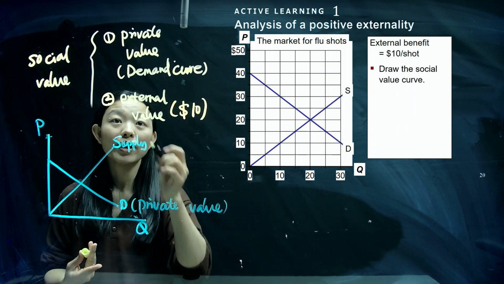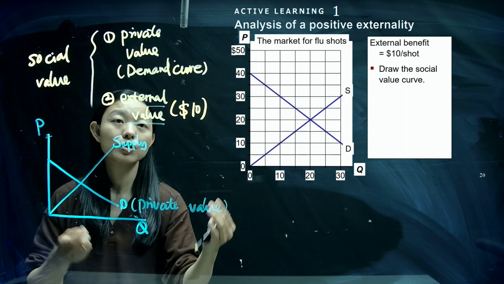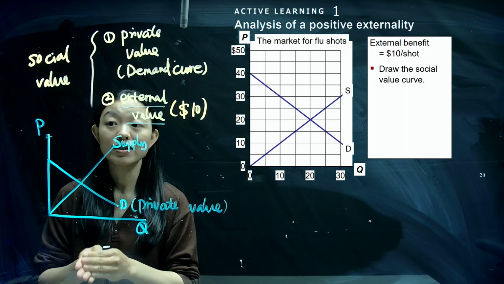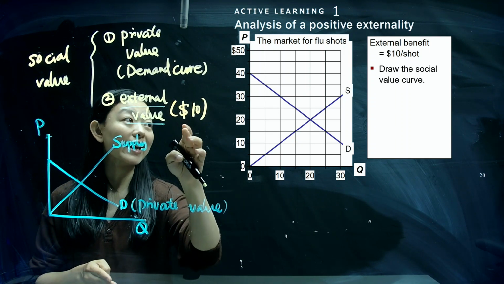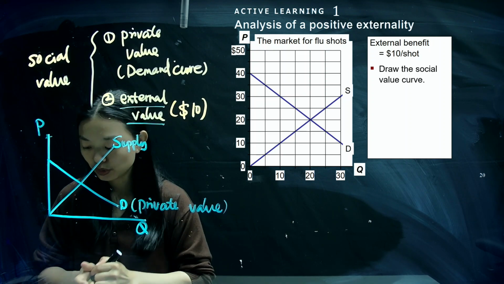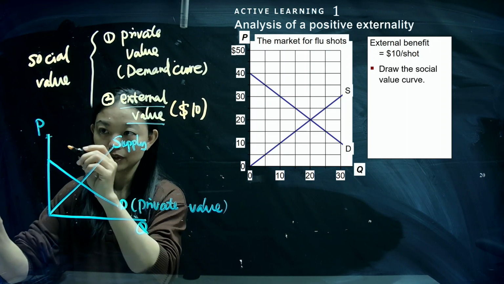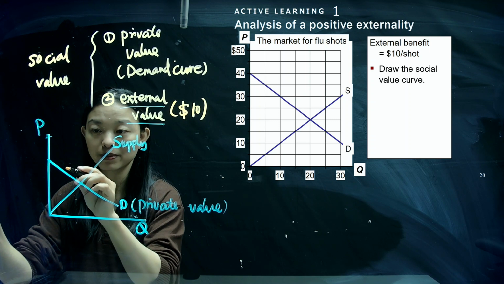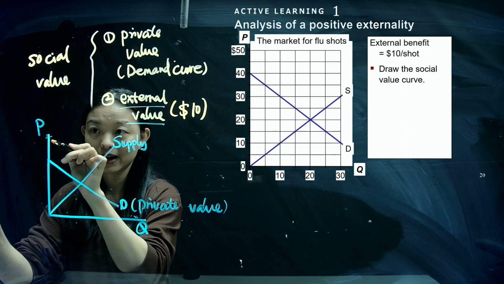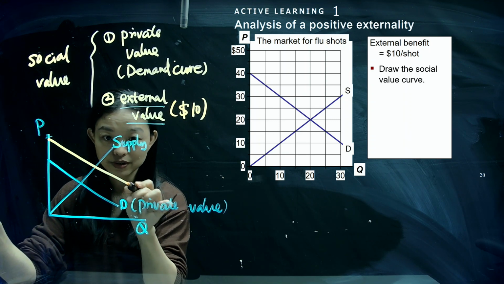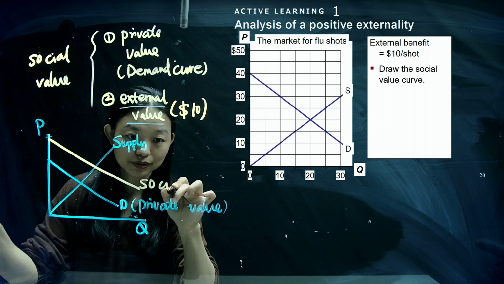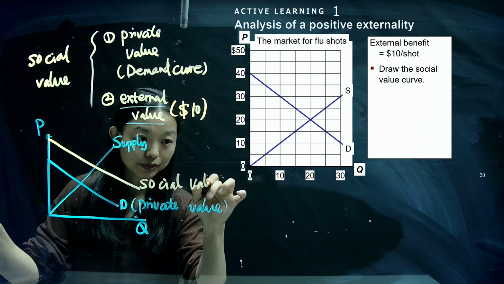But now we have external value, right? Because taking the fruit shorts will create positive externality of $10 per shorts. So what we can do is shift this demand curve upwards by $10. So this will be our social value.